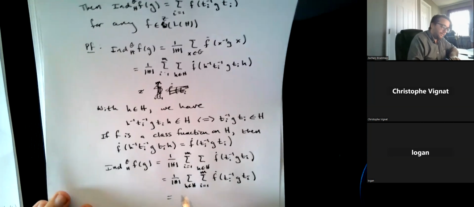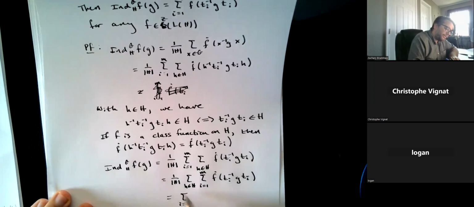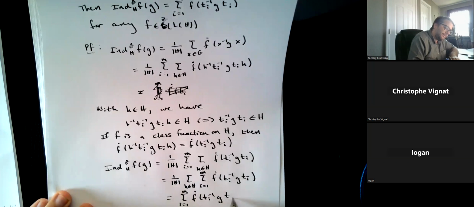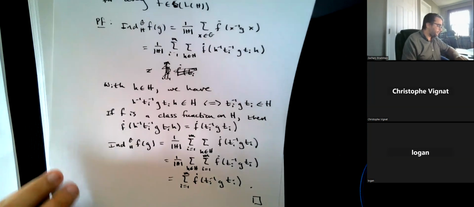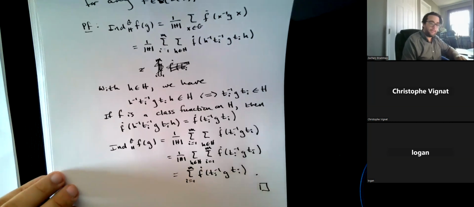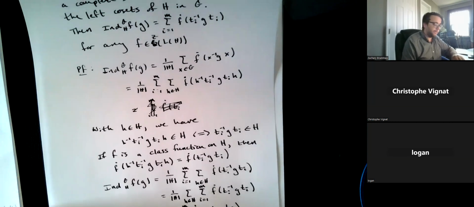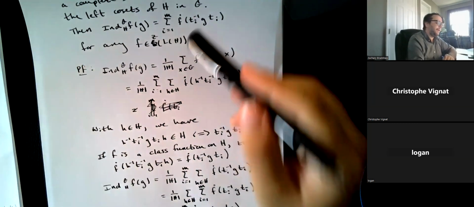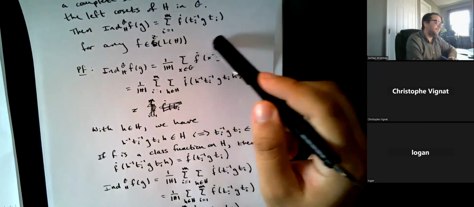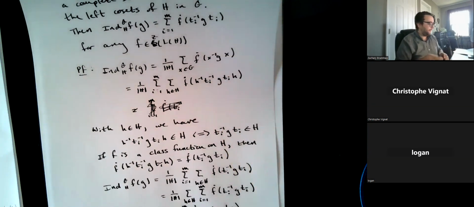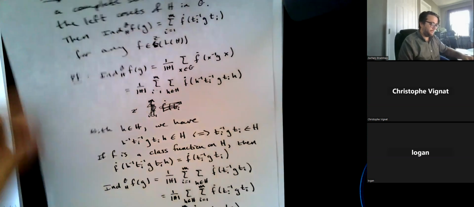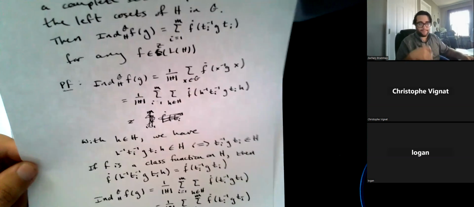Well, it's the order of H. So this is just the sum from i equals 1 to m of F dot Ti inverse G Ti. And that's the proof. Okay, so if I want to know the induced map, I don't have to conjugate by everything in G here. I just have to conjugate by the representatives of the cosets of H in G. Right. And I can also get rid of the averaging, so that's nice.